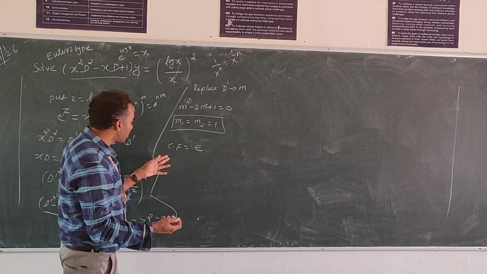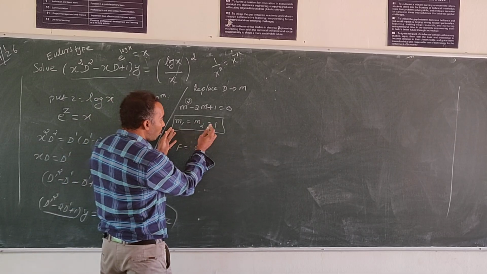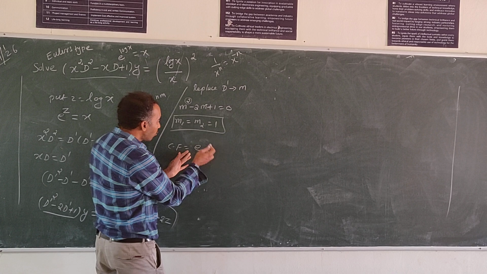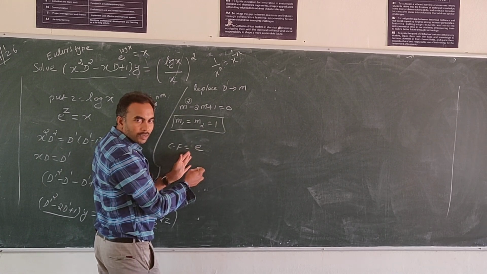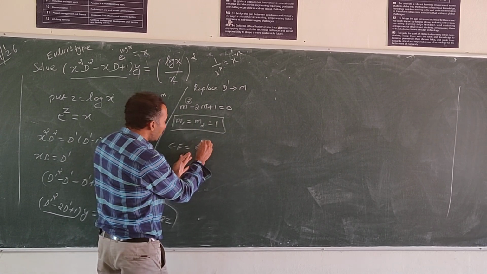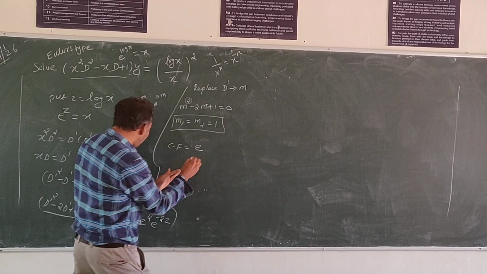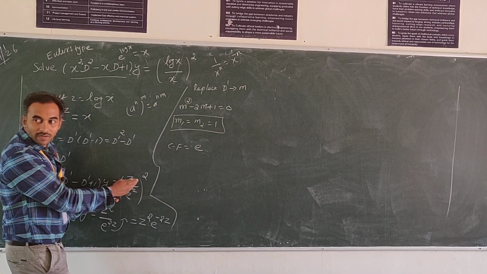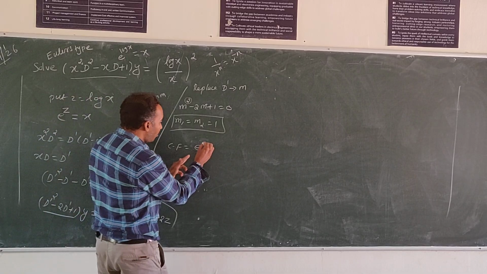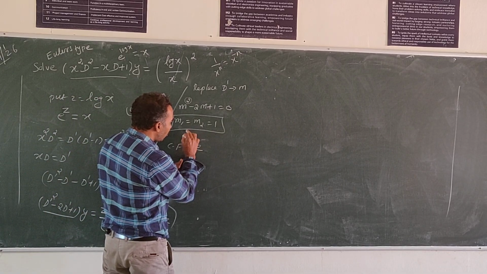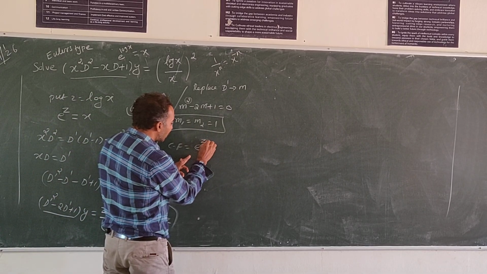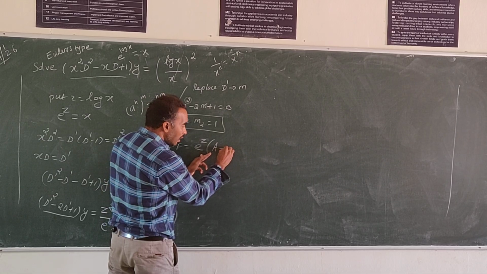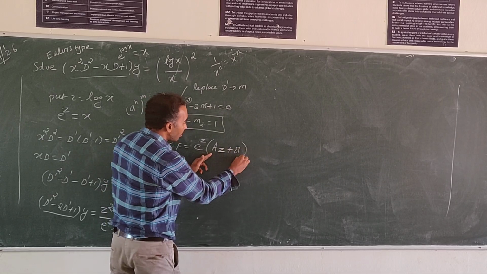So complementary function, if both roots are same, so e^(mx). So here what is m? 1 is m. So e^z, instead of x we have to write z, since it is in terms of z. We converted. So for both equal roots, e^(mz)(az + b). Here it is (az + b)e^z.